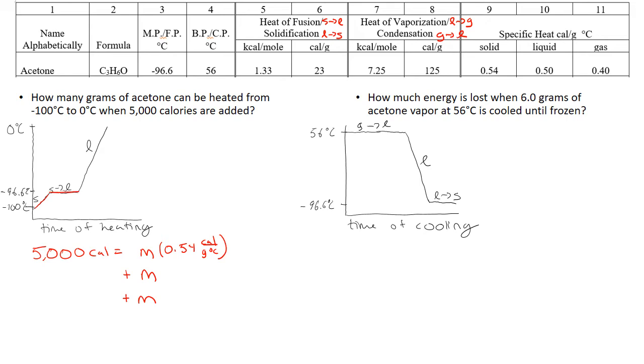Solid to liquid goes with heat of fusion, so if we go down to that value, 23 calories per gram. And then our last segment is the liquid. If I go find liquid, we have 0.5 calories per gram degrees Celsius.